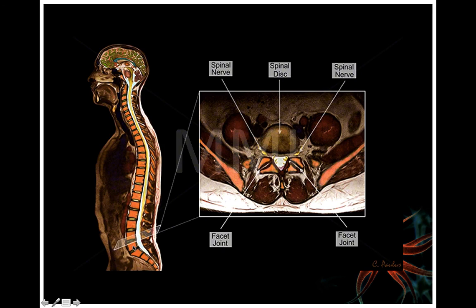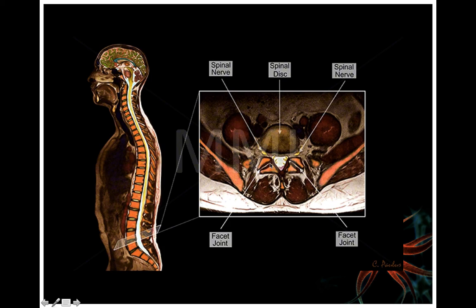And flexion and extension is what causes pressure on these nerves in an abnormal way, so that the disc can be damaged and herniate.